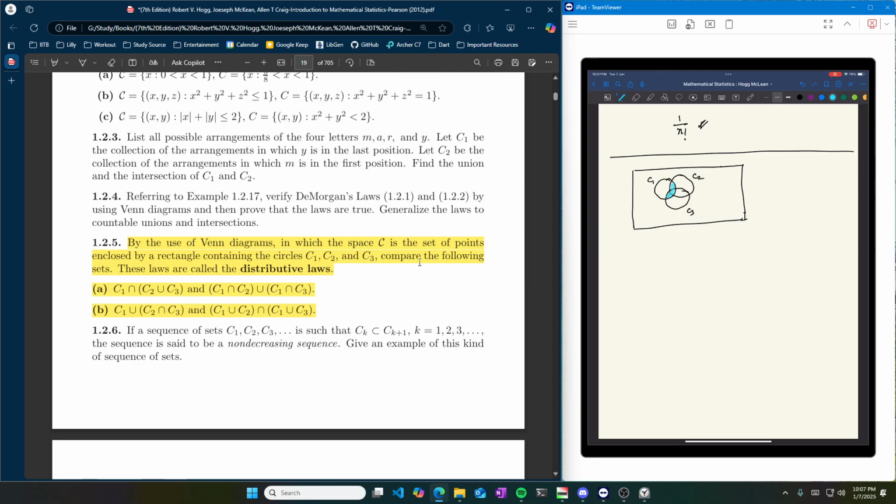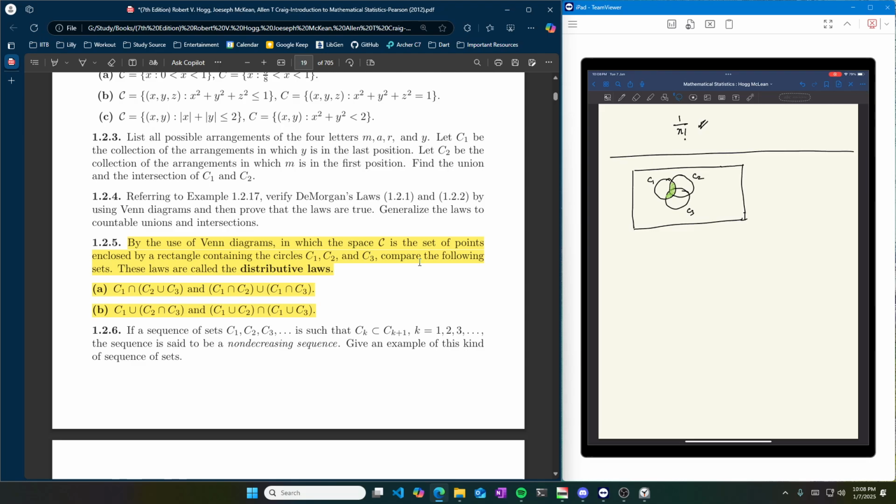Okay, let's look into the other one. C1 intersection C2 is this part, which somehow is not visible. I should have used a different color back then. I think green works fine. This is from the first one. And then the second one, C1 union C2, is this portion, the heavily highlighted one.